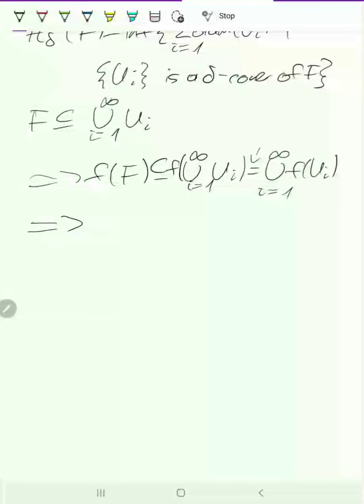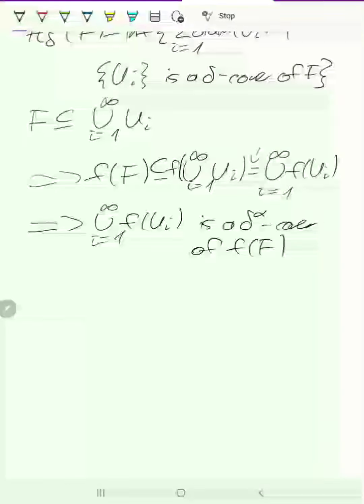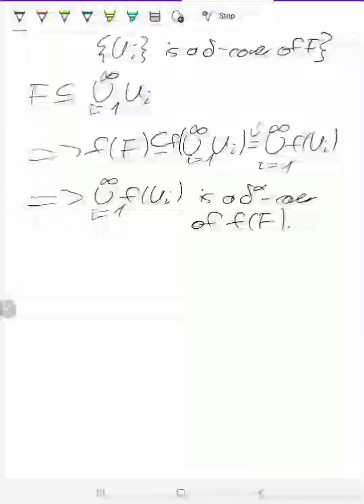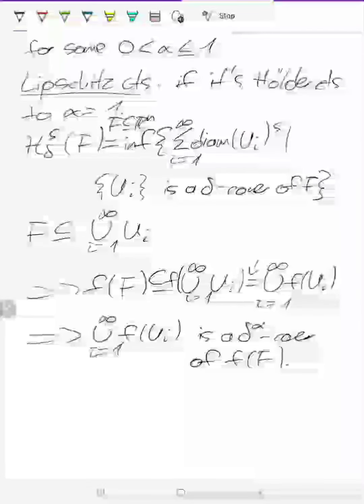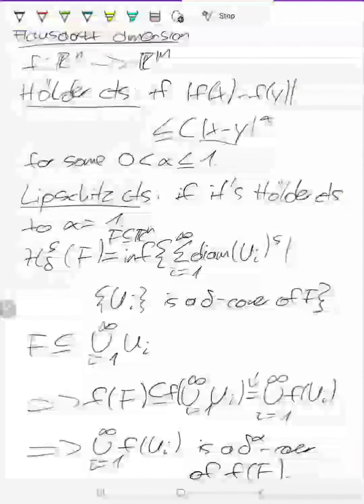Okay, so what we can see immediately is that this union on the right-hand side is just a delta to the alpha cover of the image of F under the map f. So this is immediate because here we have this for all values in the domain.